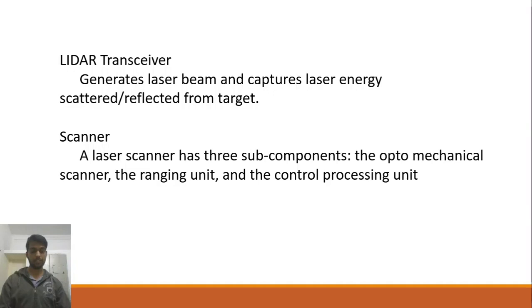The next important component of LIDAR is the LIDAR transceiver. Basically, it is a combination of transmitter and receiver. The transmitter emits laser pulses and the receiver captures laser energy that is scattered or reflected from the target. There is a scanner which consists of three components: the optomechanical scanner, the ranging unit, and the control processing unit.